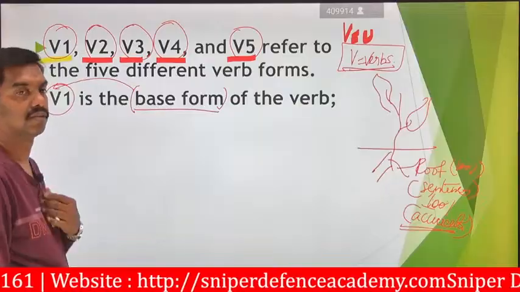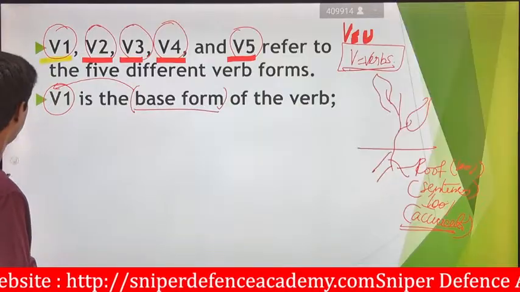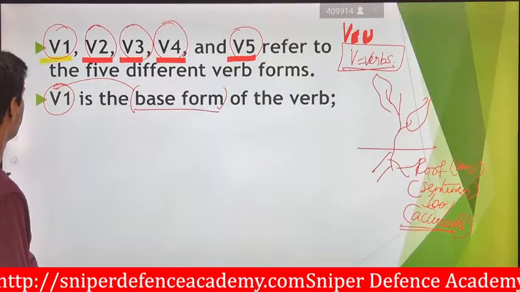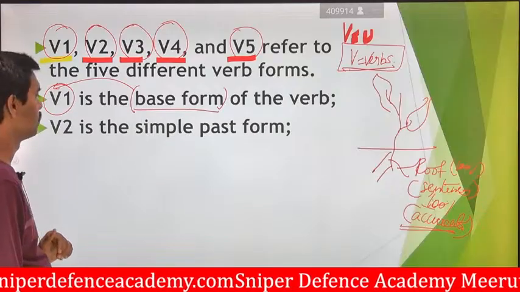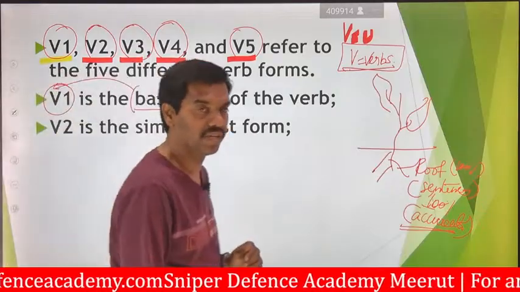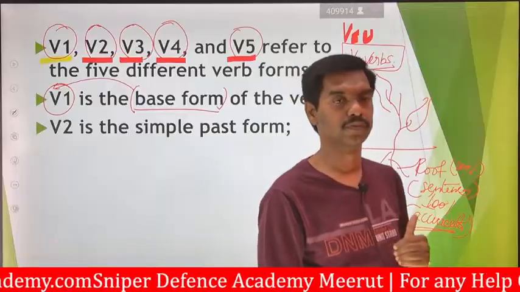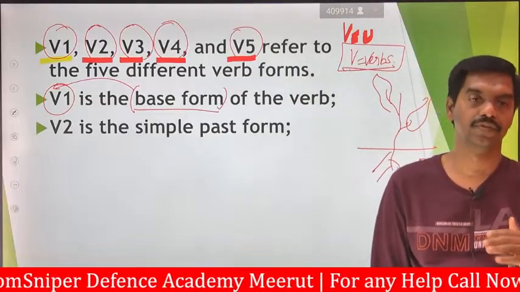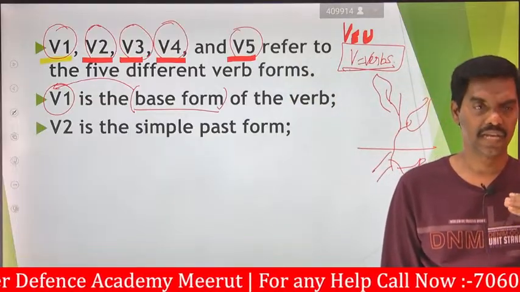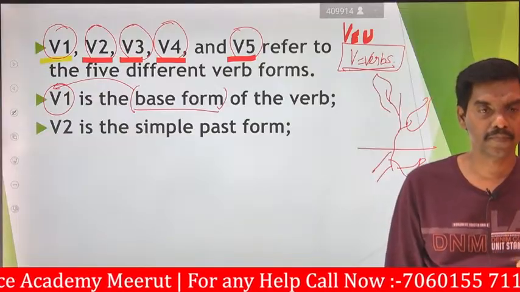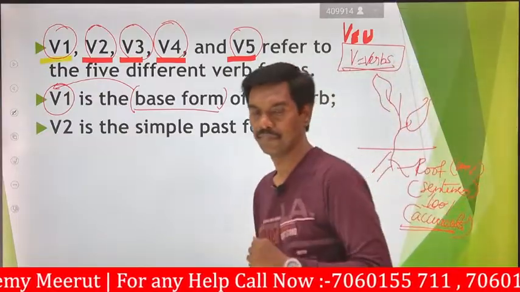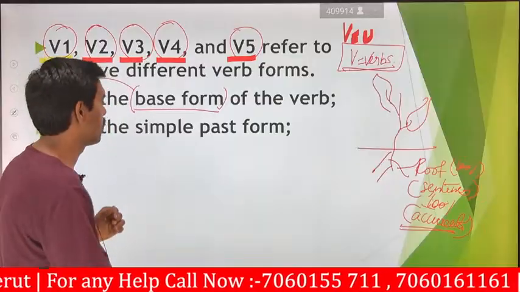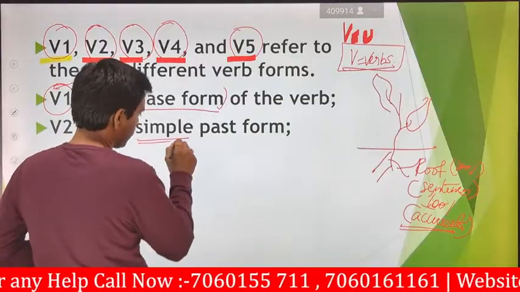That is V1. Next, we will see V2. What is V2? Verb 2 stands for simple past form. It is a type of simple sentence.